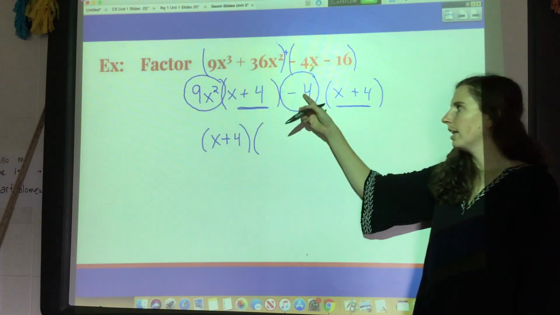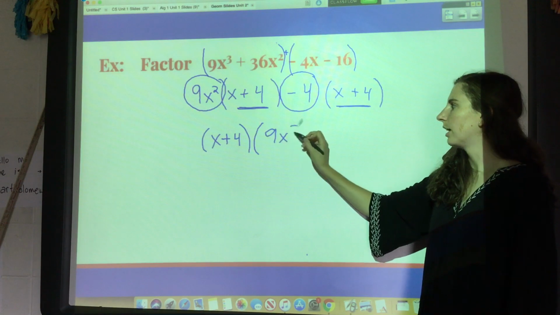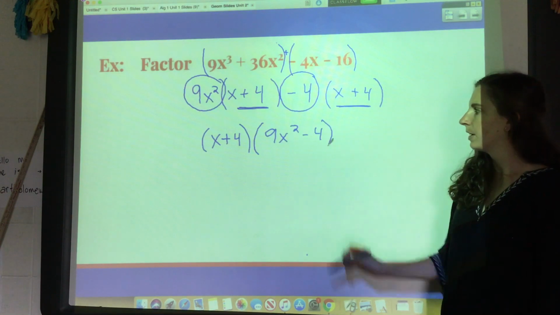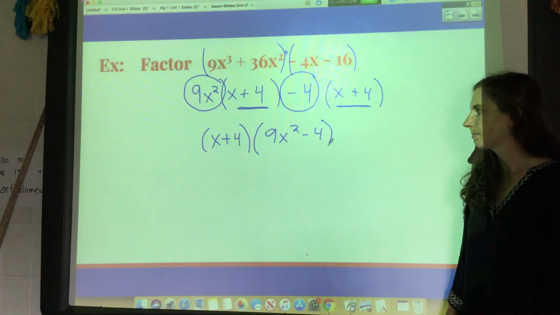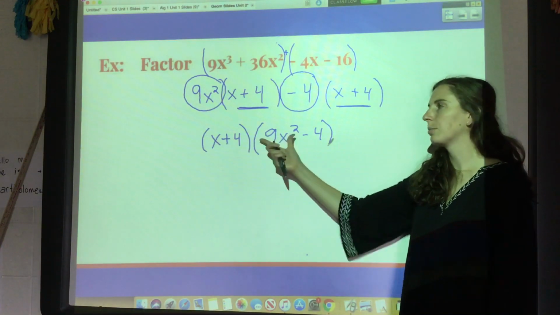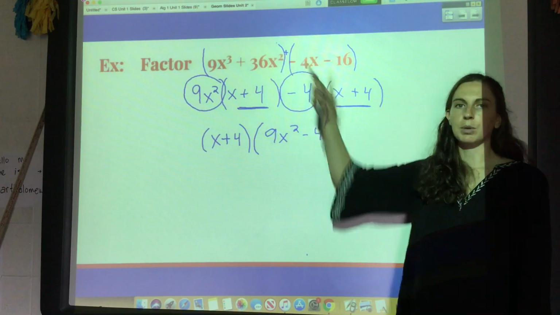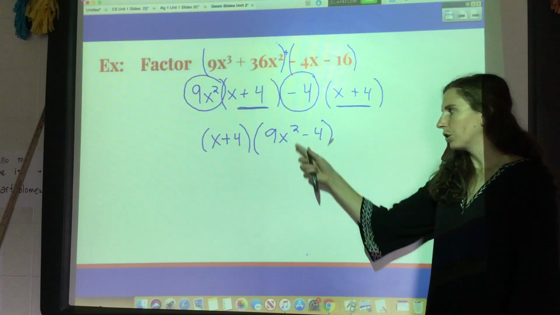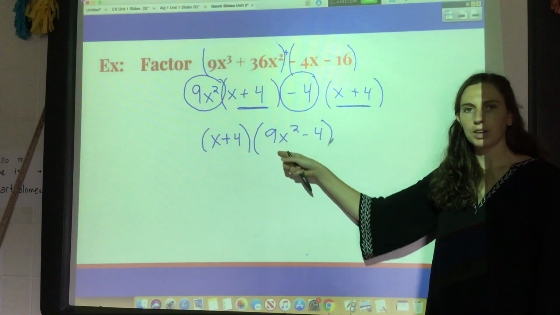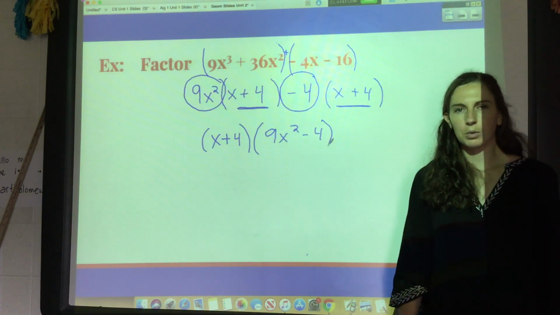Combine this with this, and you get 9x squared minus 4. So this is my factored version. I have 2 things that multiply together to give me this expression. So those are its factors. As a bit of a side note, you could keep factoring this one right here, but we'll pause on that for now.